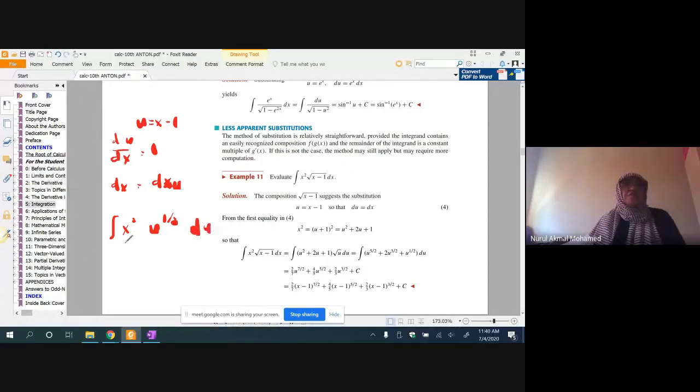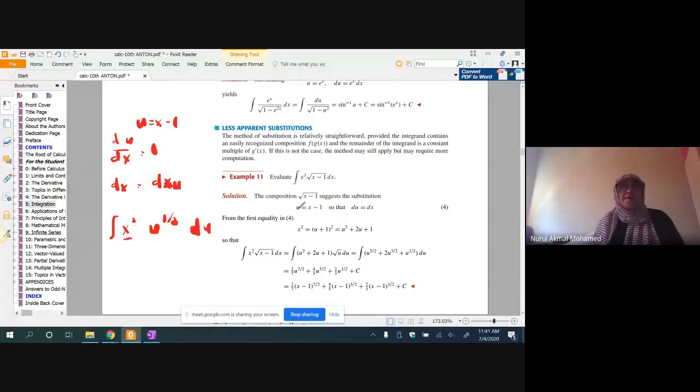If you look at this new integral, it's still in terms of a combination of u and x. How are we going to cancel out this x here? We cannot solve unless we get everything in terms of u instead of x.